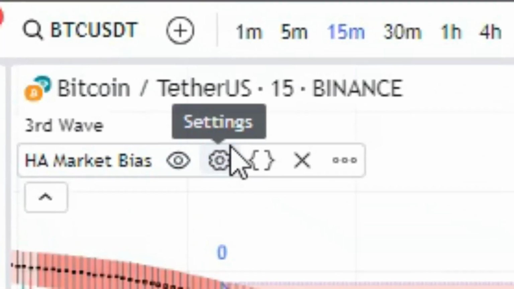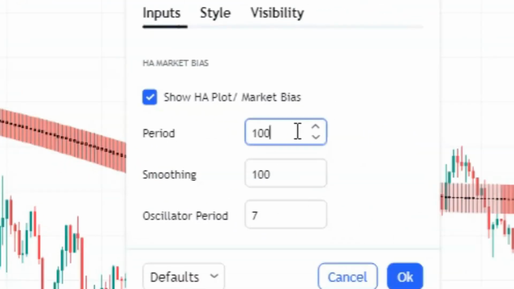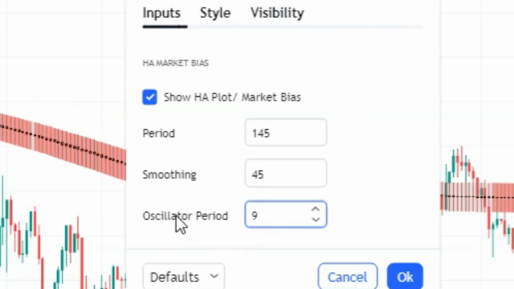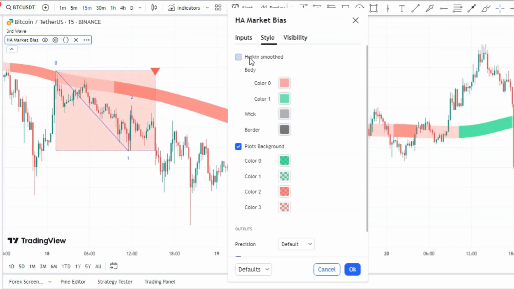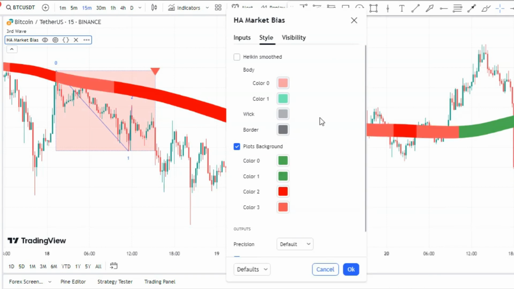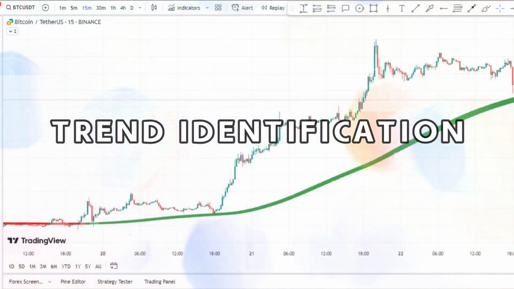Now that this indicator is part of the strategy, make the necessary changes as demonstrated in the video. Essentially, this indicator is one of the best methods for identifying trends.